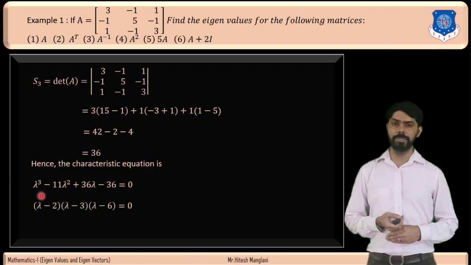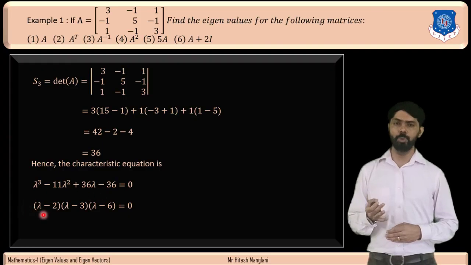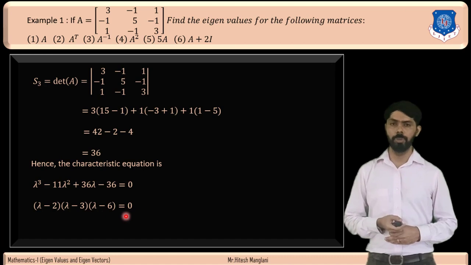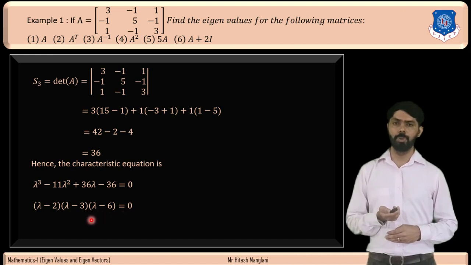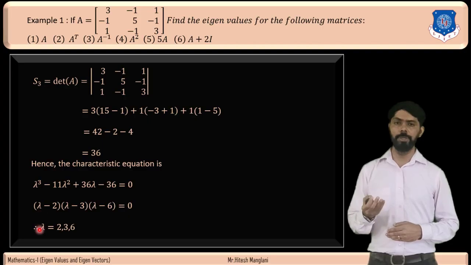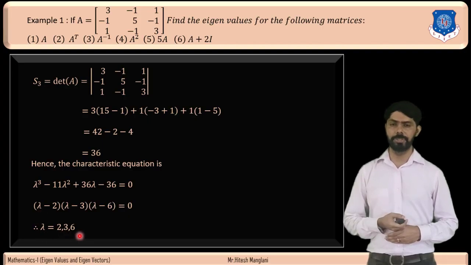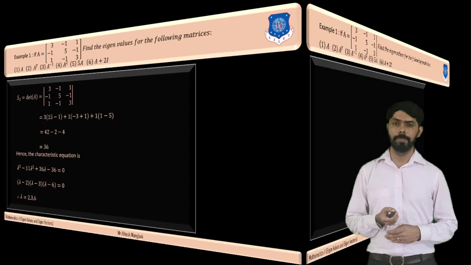Now if we factorize this polynomial, it will be lambda minus 2 into lambda minus 3 into lambda minus 6 is equal to 0. So the values of lambda are 2, 3 and 6. These are the eigenvalues of matrix A.